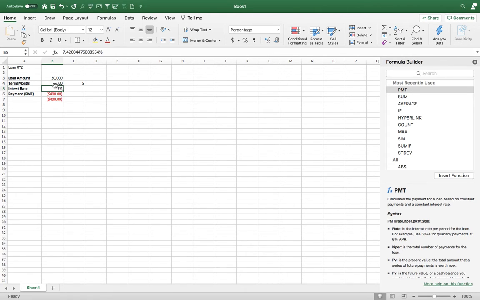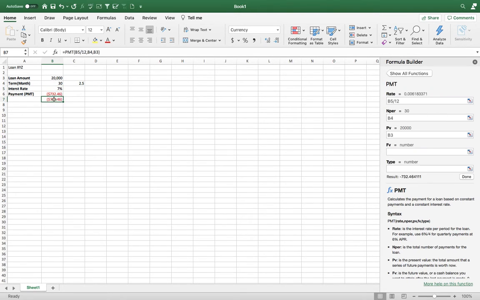From here you can just play around with the numbers and see where it takes you. For example, let's say instead of paying over 60 terms, I can shorten this to 30 terms. 30 terms is 2 years and a half, with 7%. Now you notice your amount changed to 732.